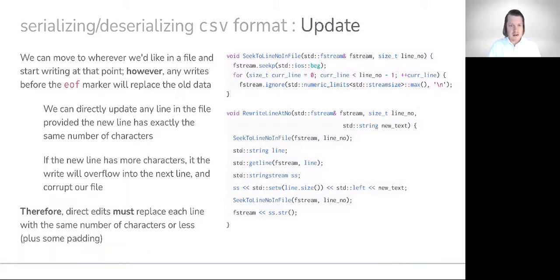So here's one implementation of that. We have a function that's going to allow us to seek to some location in the file. We're passing in an fstream, which is a file stream with both the ability to write and read. Once we have that, we seek our write pointer, seekp, to the beginning of the file.